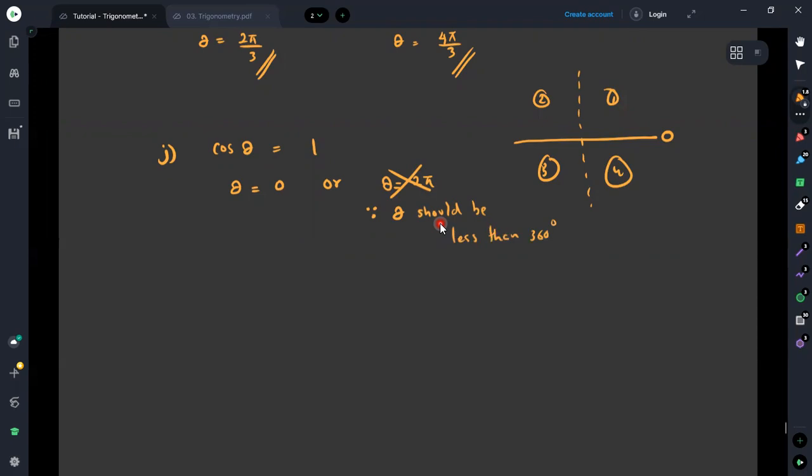Therefore, we can say the value of theta is equal to 0 in this scenario. It can have only one value.